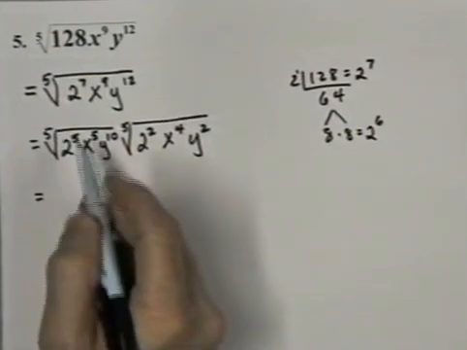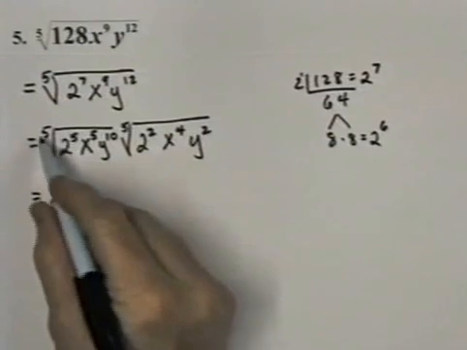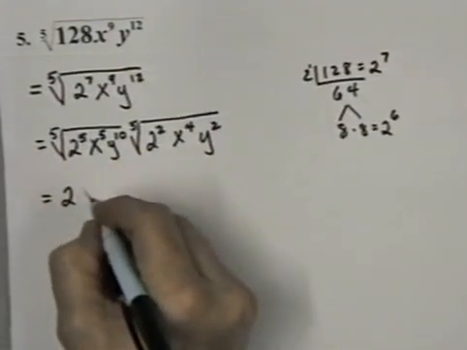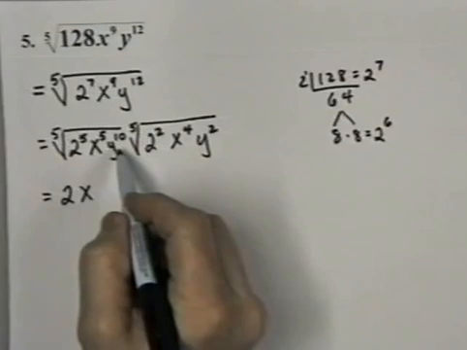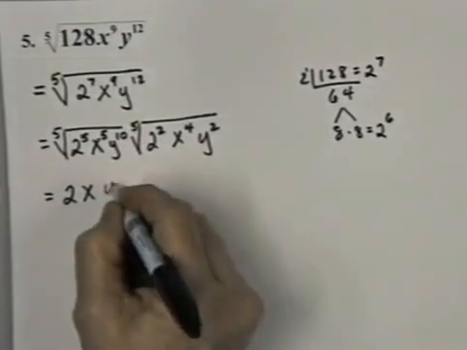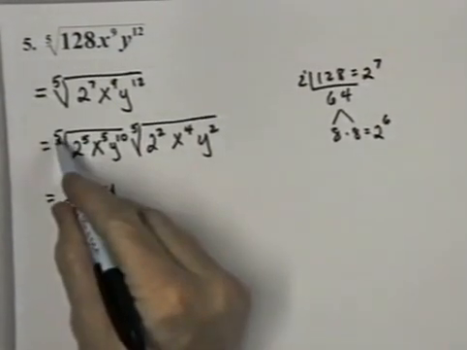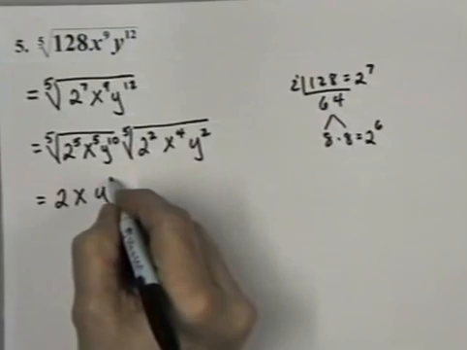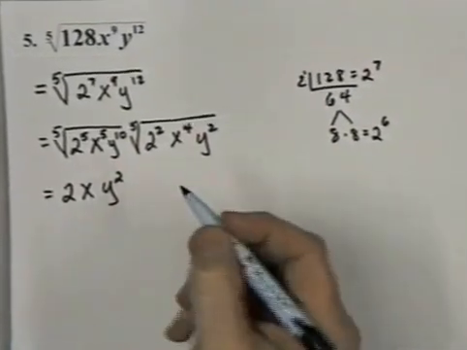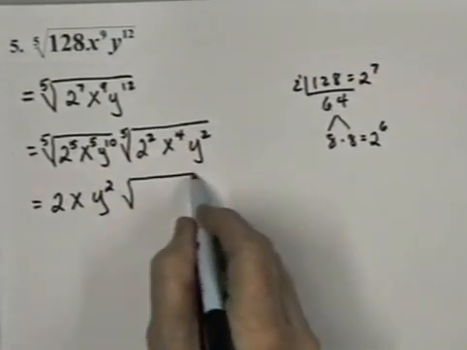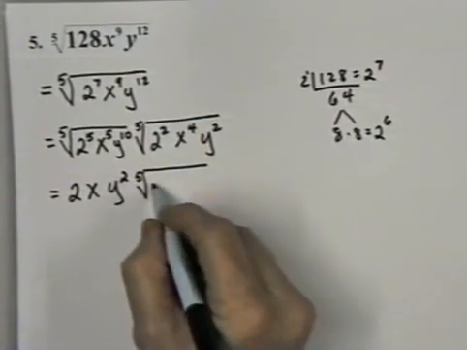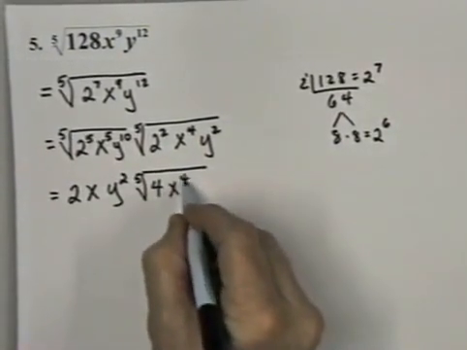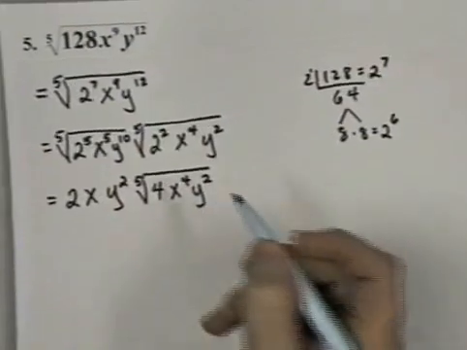The fifth root of 2 to the fifth is 2, the fifth root of x to the fifth is x, and the fifth root of y to the 10th is y to the 10 divided by 5, or y squared, times the radical we're left with here, the fifth root of 4x to the fourth y squared.